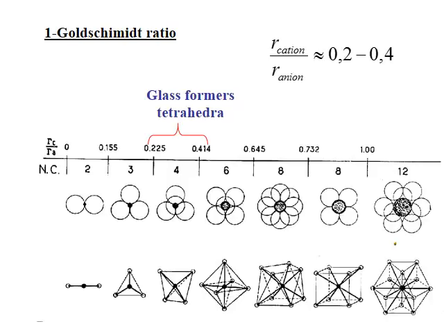The Goldschmidt ratio allows one to preview polyhedra formed as a function of the relative sizes of cations and anions. Nc in the figure is the coordination number. It turns out that glass formers fall in the region of Nc equals 4. Therefore, this is one of the first criteria proposed to classify a substance as a glass former.